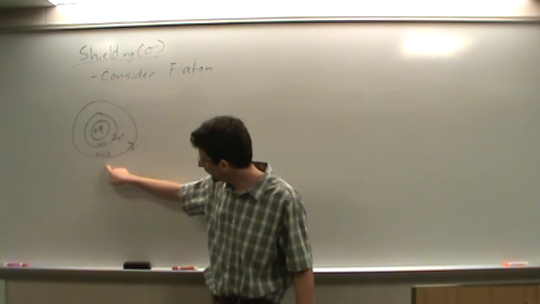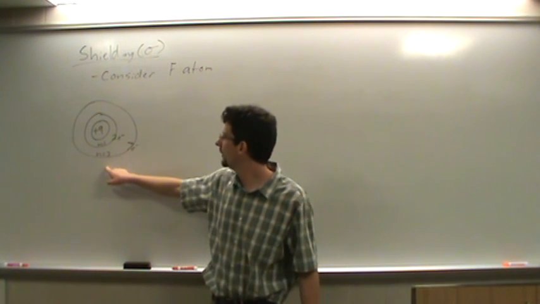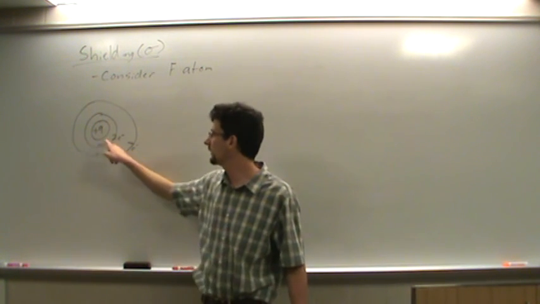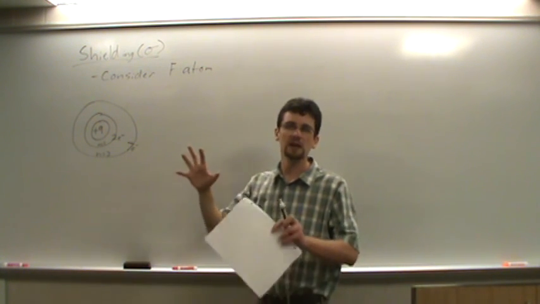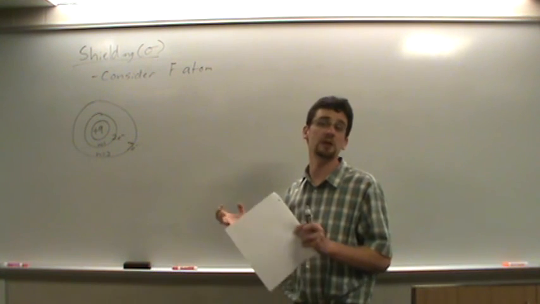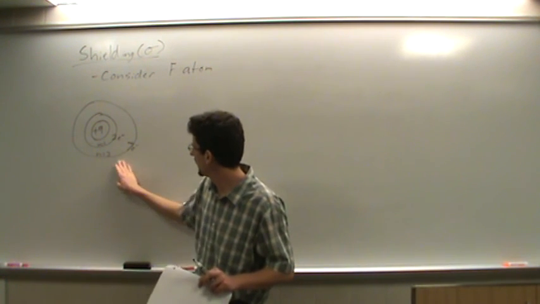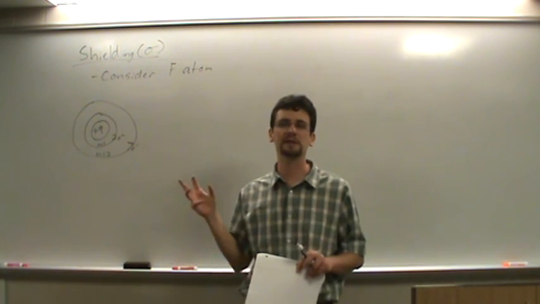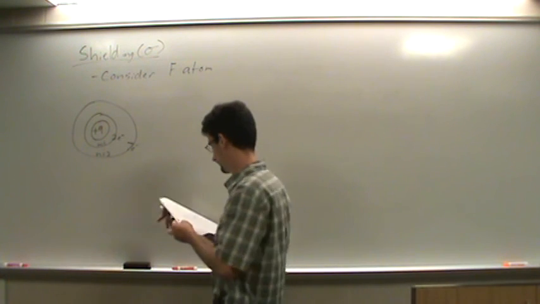However, those in the n is equal to 2 state are kind of protected from the charge on the nucleus because there's that n is equal to 1 state in between. So they absorb some charge, let's say, and then the electrons in the n is equal to 2 state don't see as much charge compared to the n is equal to 1 state.